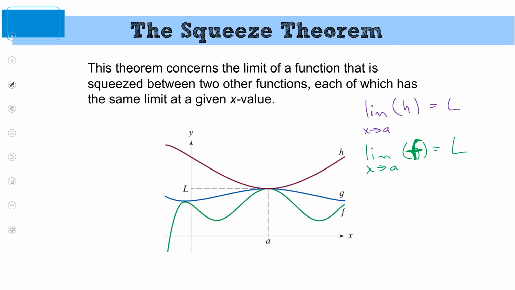So where does the ham have to go? Same place. Therefore, by the way, do you know this symbol? 3 dots? Means therefore, the limit as X approaches A of G will also be L.